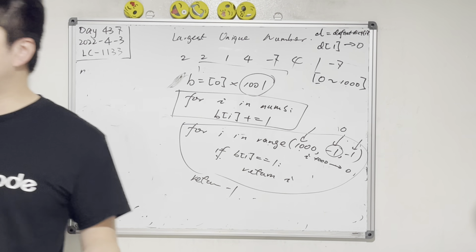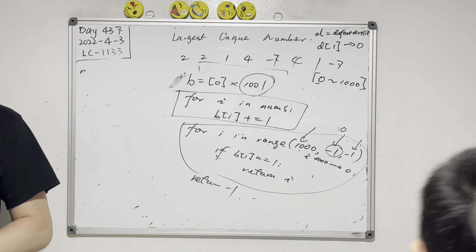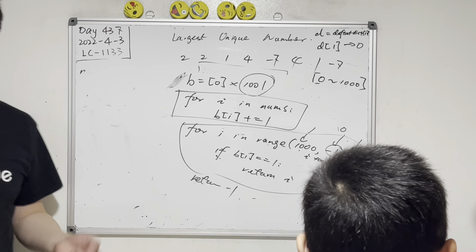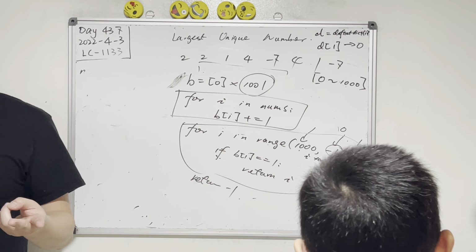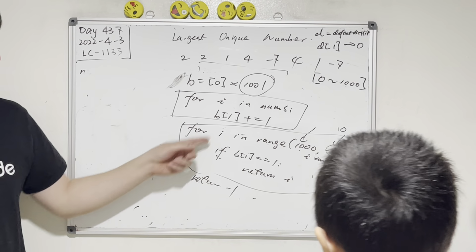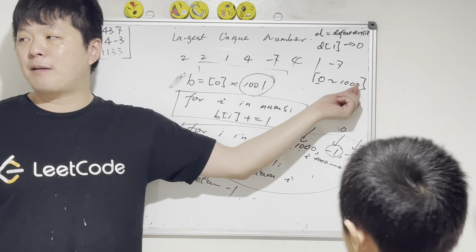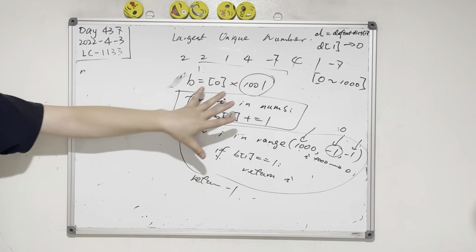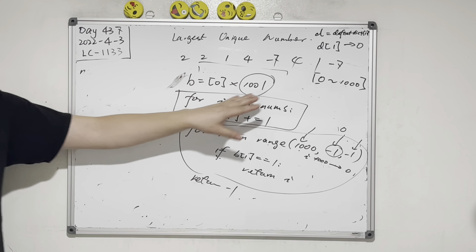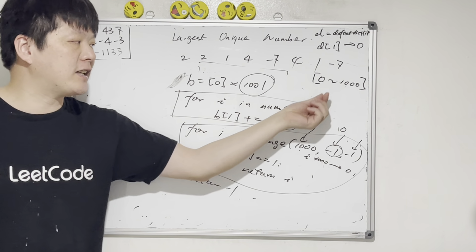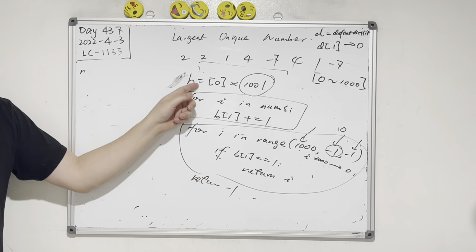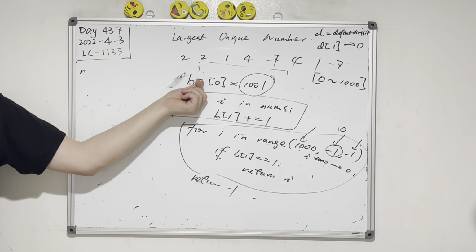Any questions? How many methods have we talked about so far? Counter, first one. Second one, sorting and GroupBy. The third one, bucket. The third method is not very general, because we have to restrict the numbers to be between a range of 0 to 1,000. We have 1,001 buckets.